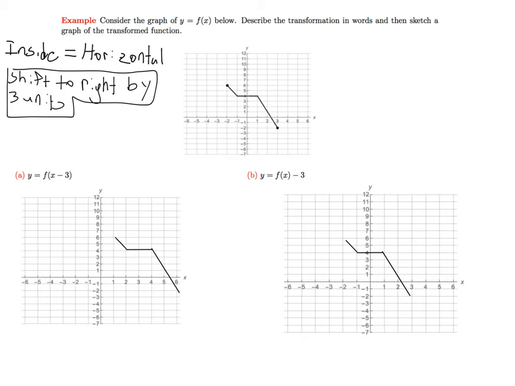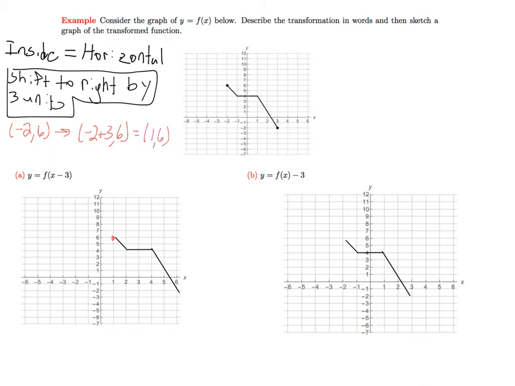And so for example, the point that we start with over here at minus 2, 6, this point gets moved 3 units to the right. So we add 3 to the x-coordinate, and now we can see down here that exactly it winds up at the point 1, 6.